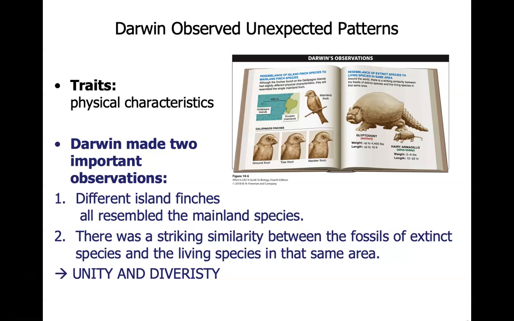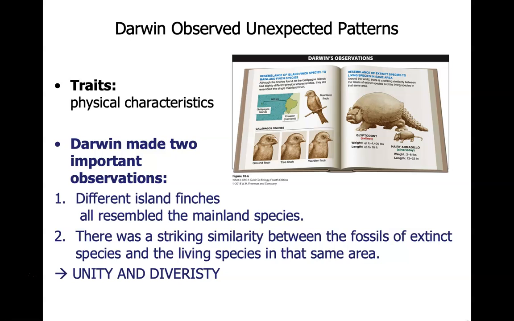So the overall summary that we can get from these two important observations is a really common theme in biology, and this is something called unity and diversity. So evolution helps to explain the diversity of living creatures that we have on Earth.